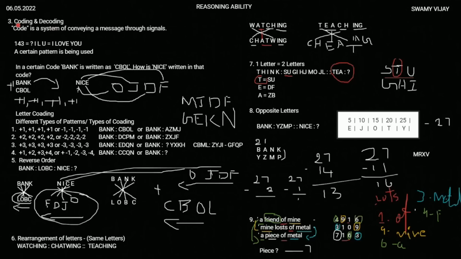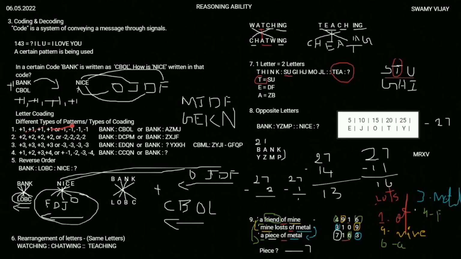We have completed coding and decoding today. Under coding and decoding, we have learnt 3 different methods of coding. First one is letter coding. Under letter coding, there are different patterns.